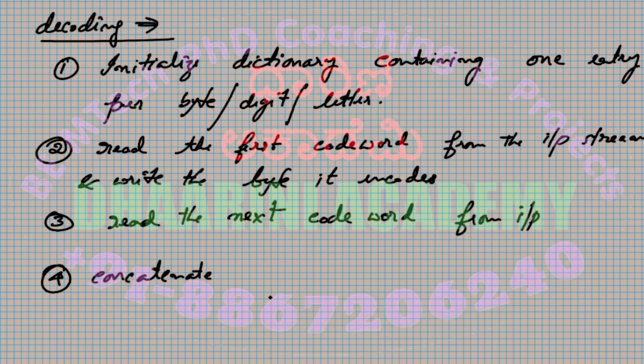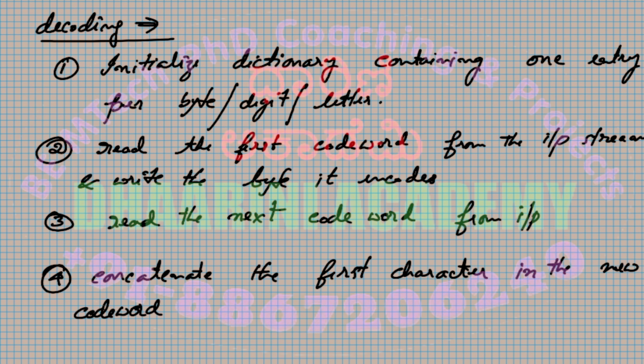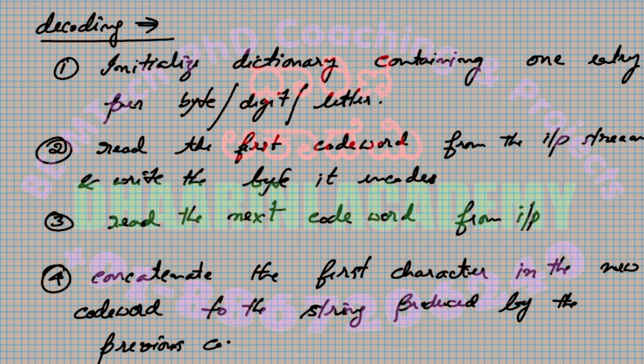Once again, we do the concatenation: concatenate the first character, which can be a bit, a number, a letter, etc., of the new code word to the string produced by the previous code, whatever code was there previously, and add the resulting string to the dictionary.